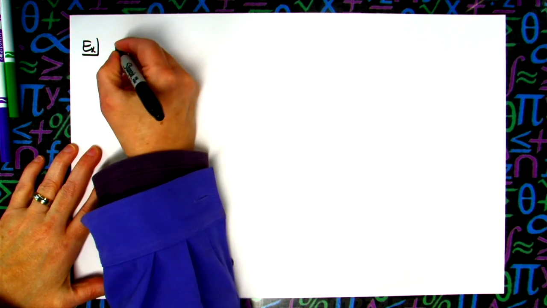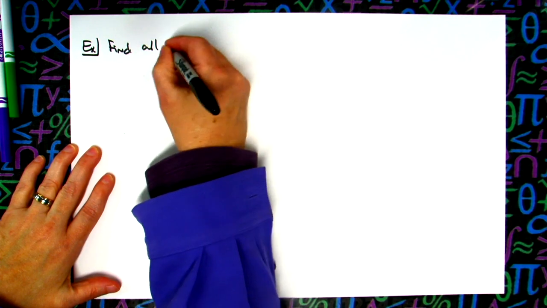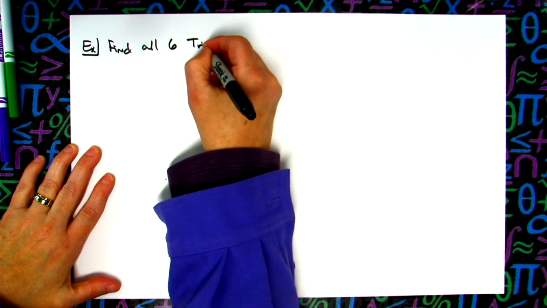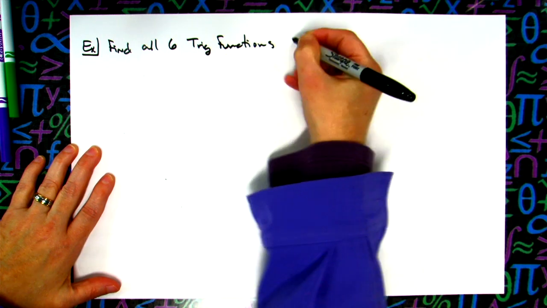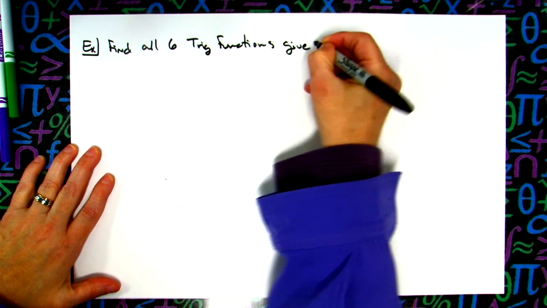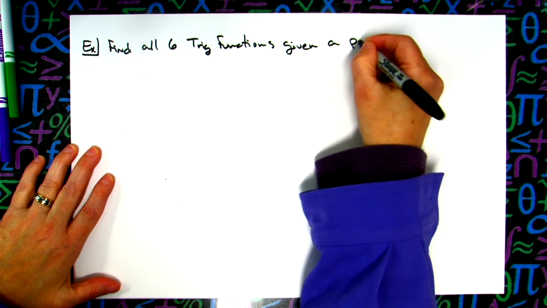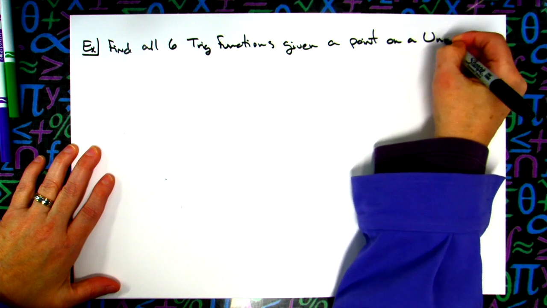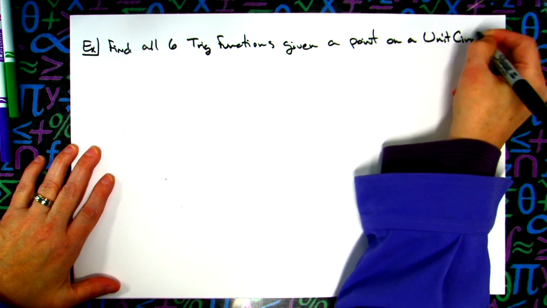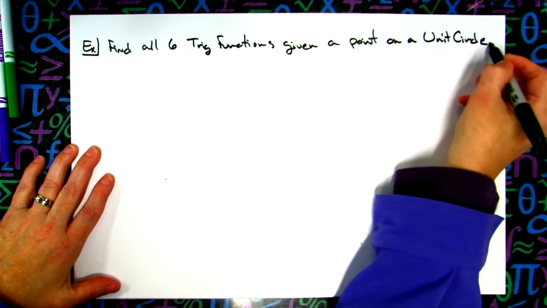Let's say the directions say find all 6 trig functions given a point on a unit circle. So there's your directions.